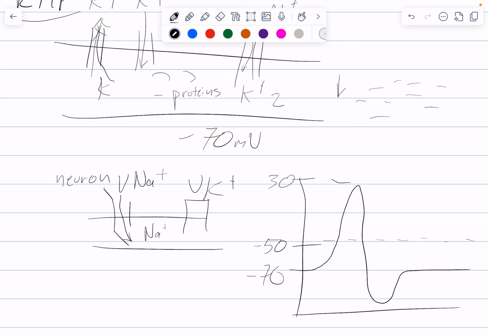And this is called, right here, depolarization.